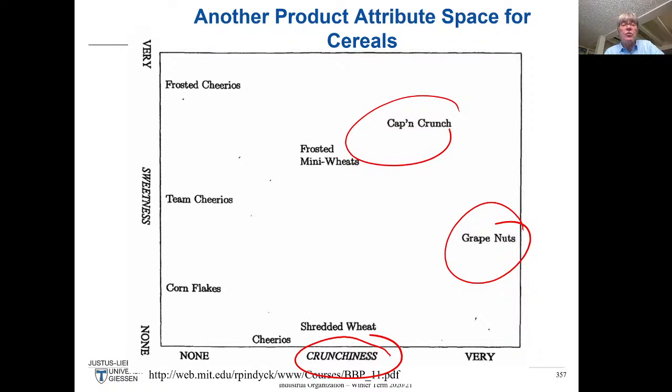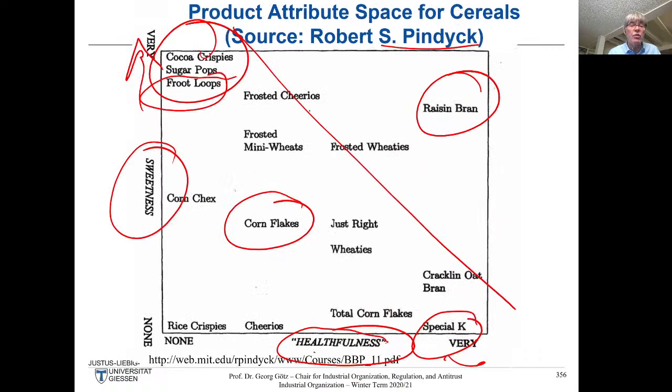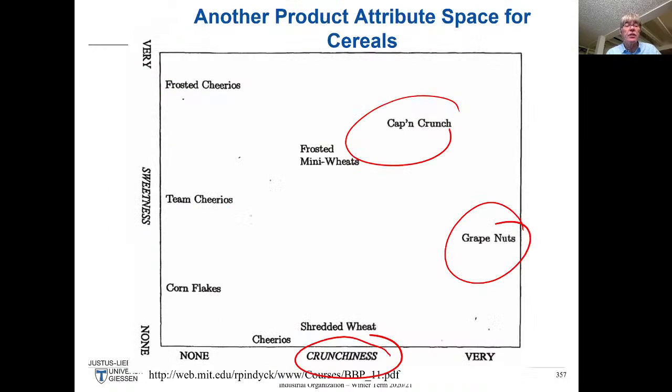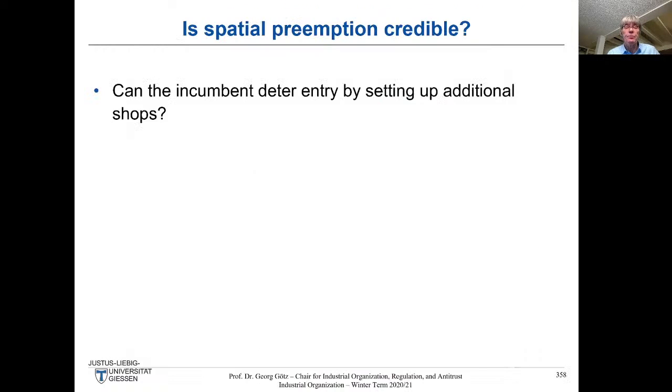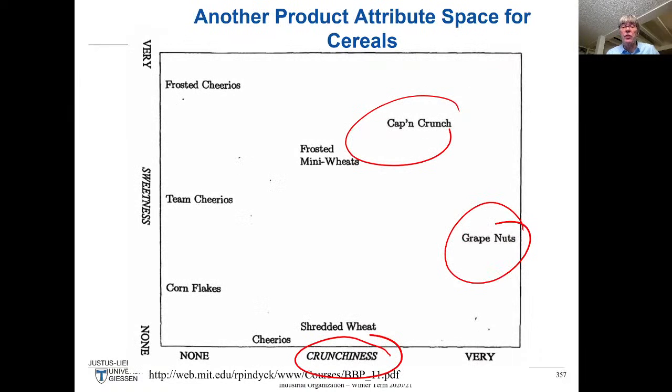If you ever go to a large supermarket which has many muesli, you could do the same exercise with Seitenbacher muesli, which has a Bergsteiger muesli, which has dozens of different types, and they also are somewhere related in this sweetness versus healthfulness space. Okay, and the question would of course then be, does Seitenbacher also engage in product proliferation?